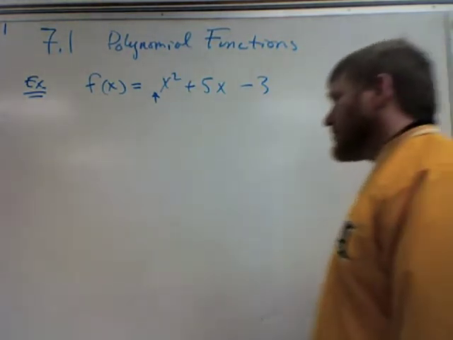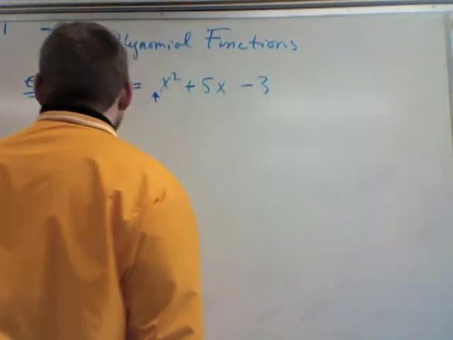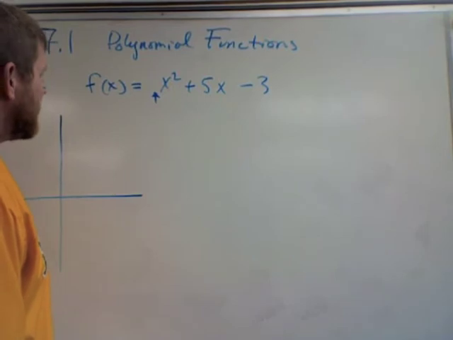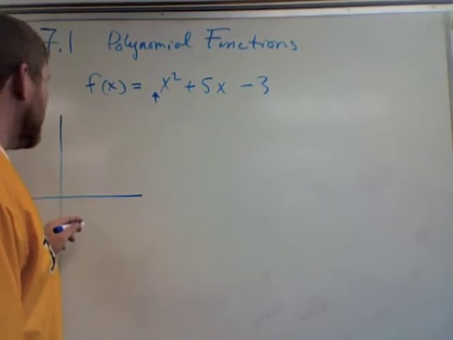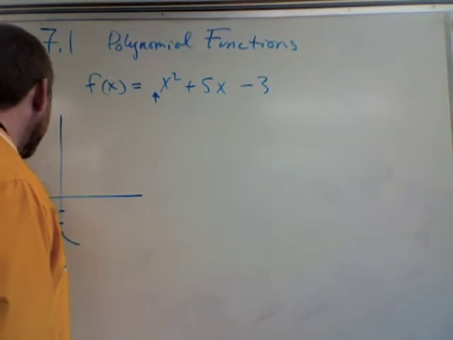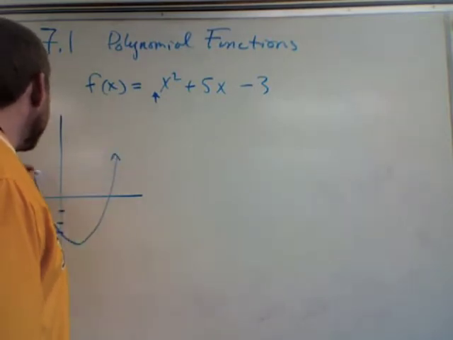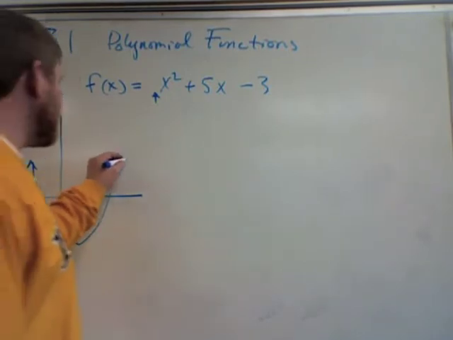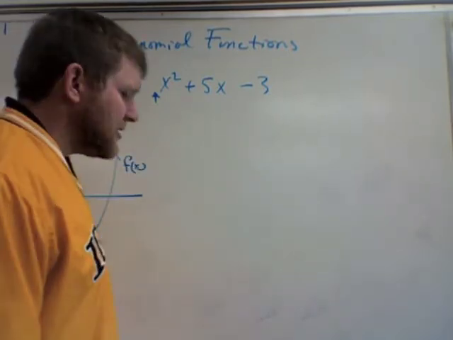Let's analyze this real quick. I'm not even sure if this has any real number solutions. I think it does, because it's got to cross -3. So 1, 2, 3. Somewhere in here, something like this. Not sure if that's correct or not, but we'll go with it. So let's say this is the graph of f of x.